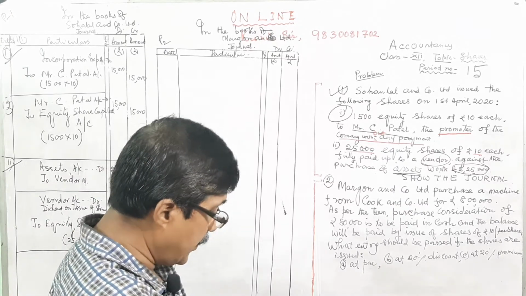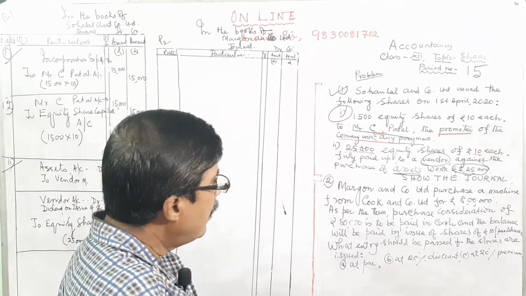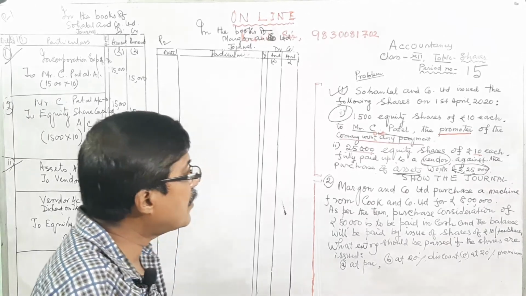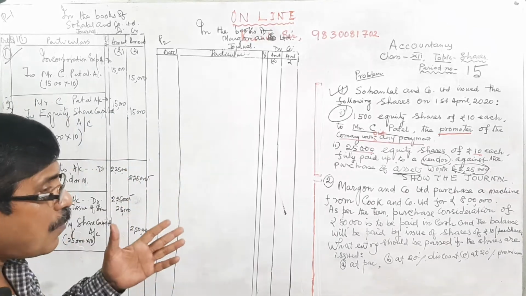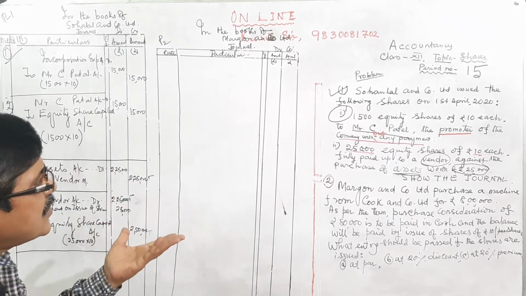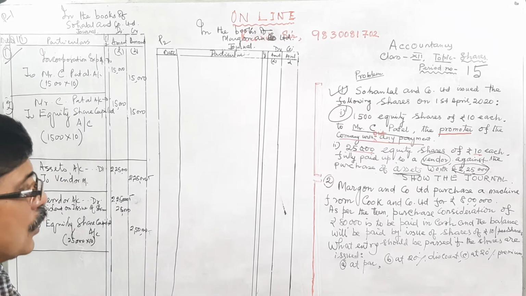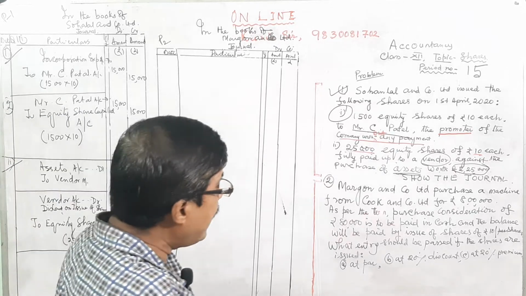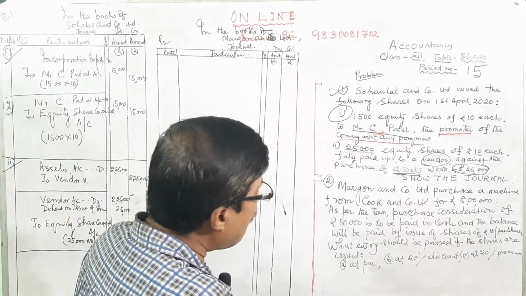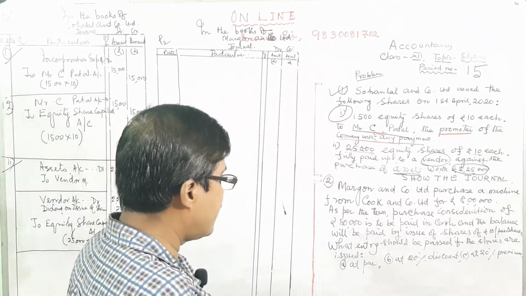Morgan and Company Limited purchased a machine. It is not related to the purchase of any business. They are procuring or purchasing a machine from Cook and Company Limited for 8 lakhs.